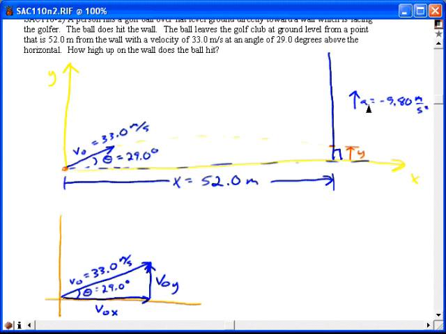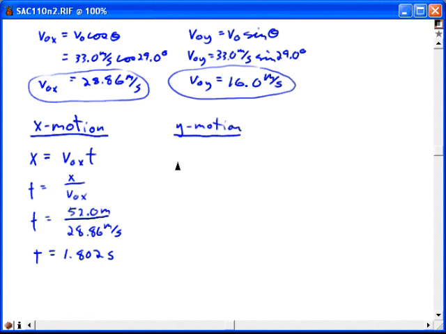I'll call that a sub y. From our first constant acceleration equation, but replacing the x with a y, for the y motion we got y is y0 plus v0y t plus 1/2 a sub y t squared.